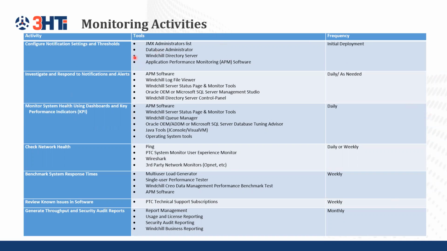So of course, if we do get alerts, we would need to investigate and respond to them, daily or as needed. You can view Windchill logs, the Windchill server status page from site utilities, tools within either the Oracle or SQL database administration tools, and the Windchill DS control panel.